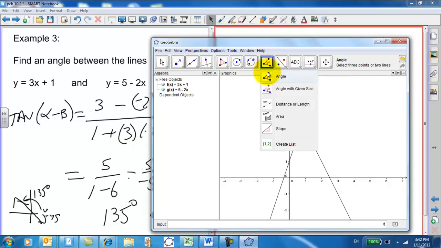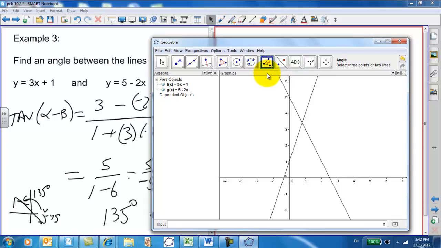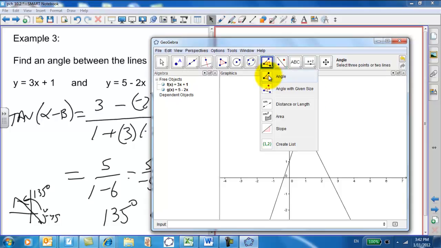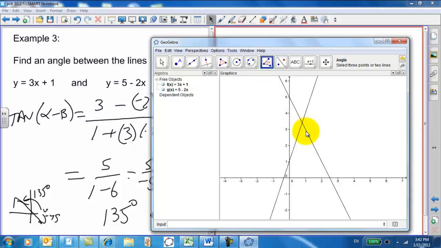Measure the angle, select 3 points or 2 lines. So we can actually just select these 2 lines. Measure the angle, select that line and that line. Sometimes GeoGebra can be a little iffy here.